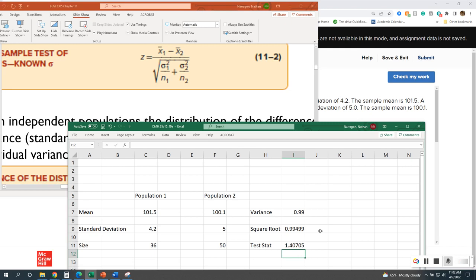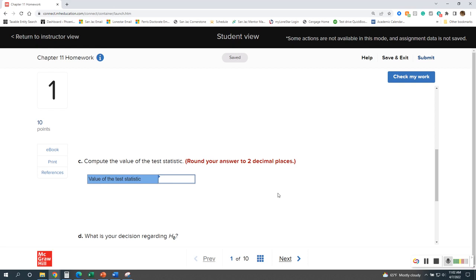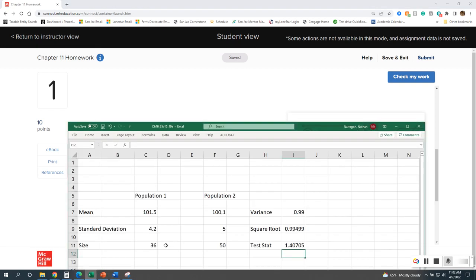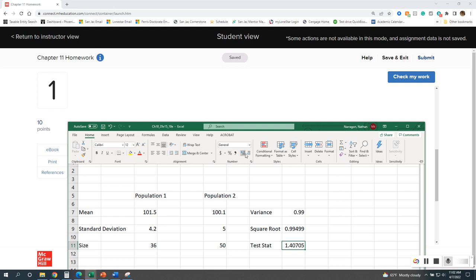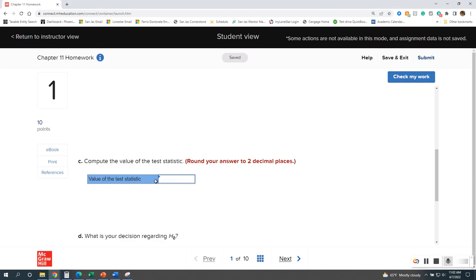So this comes out to 1.40, and most likely they're going to tell you to usually round to 2. So we're going to go ahead and do that also here in Excel. So I'm going to go to home and tell it to go only down to 2. So now it tells me it's 1.41.